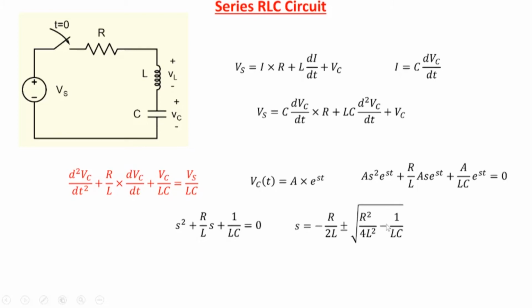So these are simple things. Instead of writing in terms of R and L, many times we write it alternatively, so this form is also useful. We can define omega naught equal to 1 by root LC. You can verify that omega naught has units of frequency, or 1 over second.